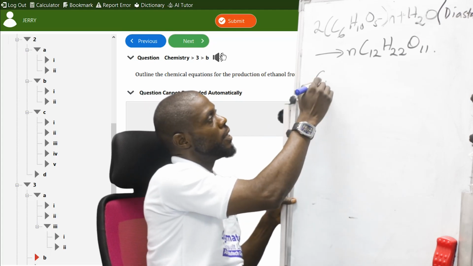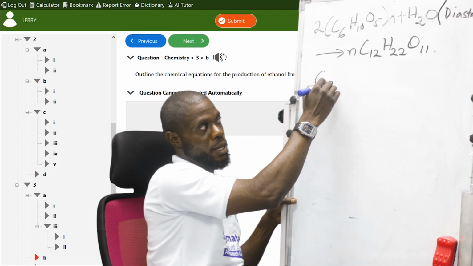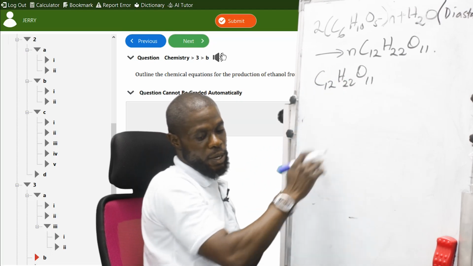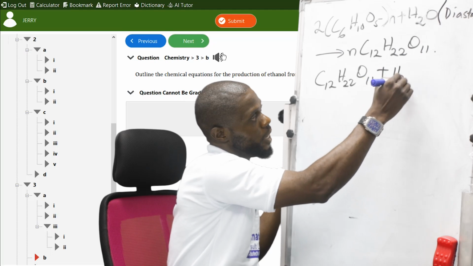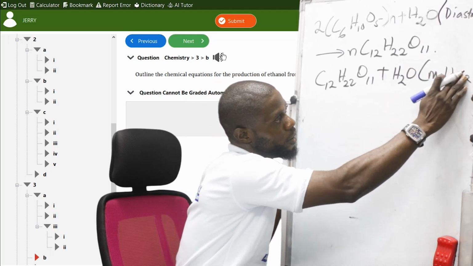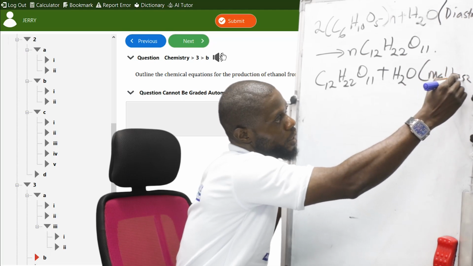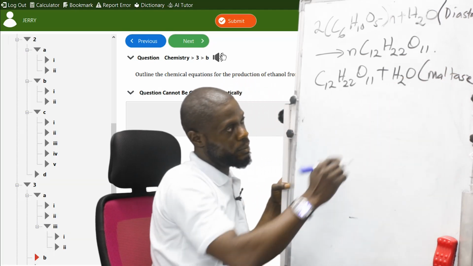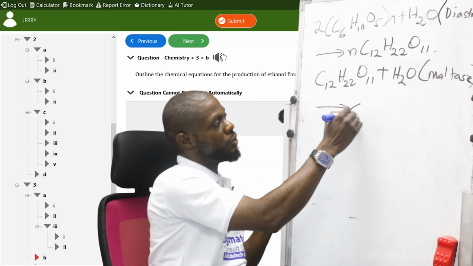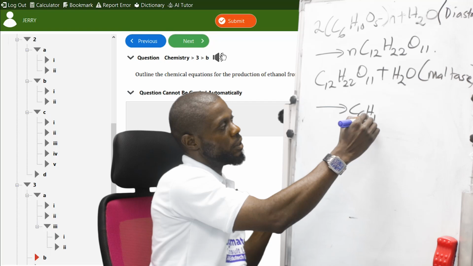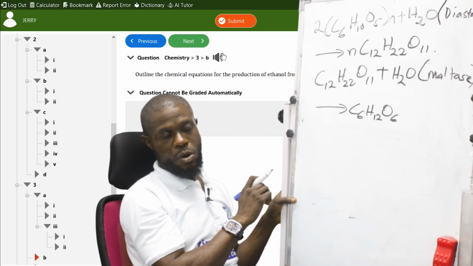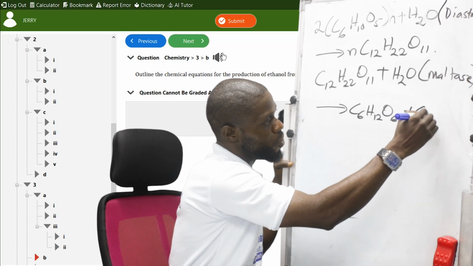Now, coming down again, we said it's hydrolysis. This is maltase. It gives you glucose and glucose.